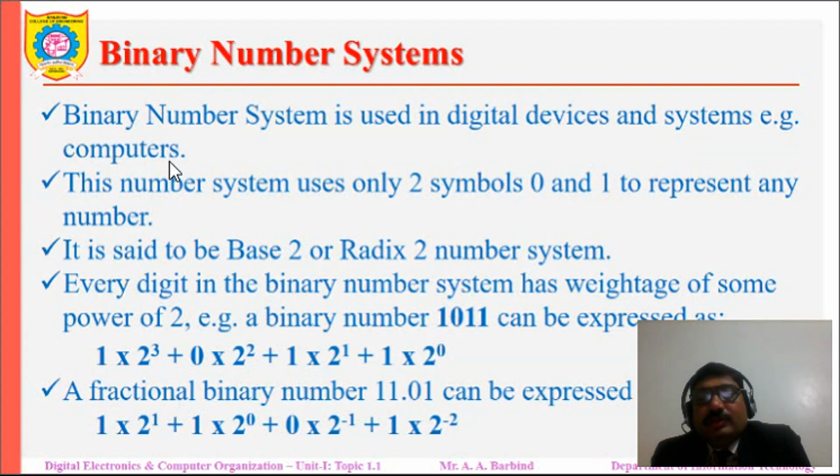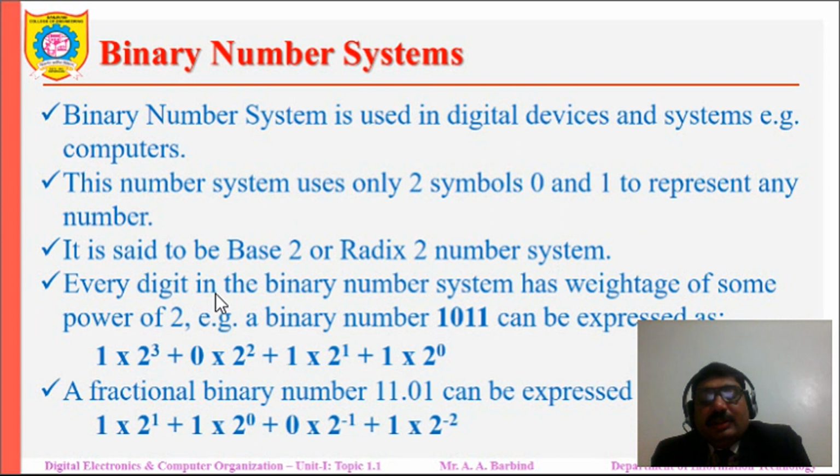So the computer is one of the digital devices, and it uses this binary number system. This binary number system has only two symbols, 0 and 1. So any number can be represented in the binary number system using these 0s and 1s. So it is said to be base 2 or radix 2 number system.